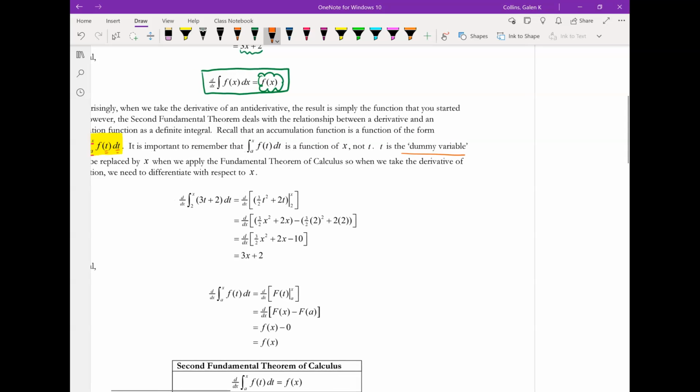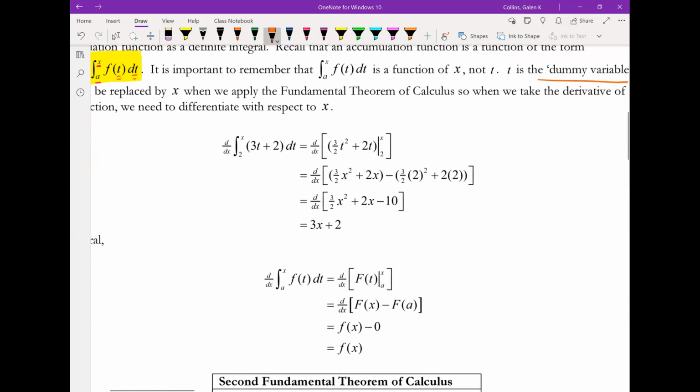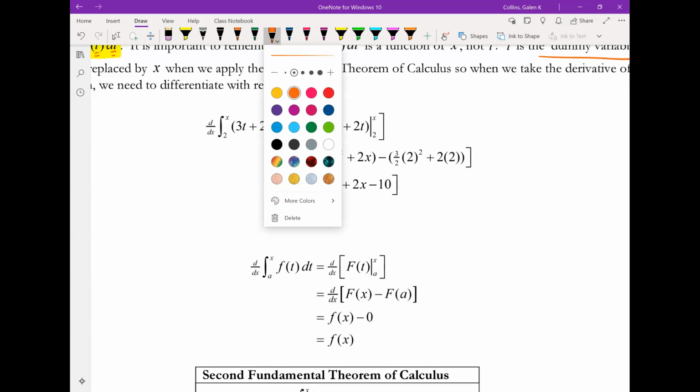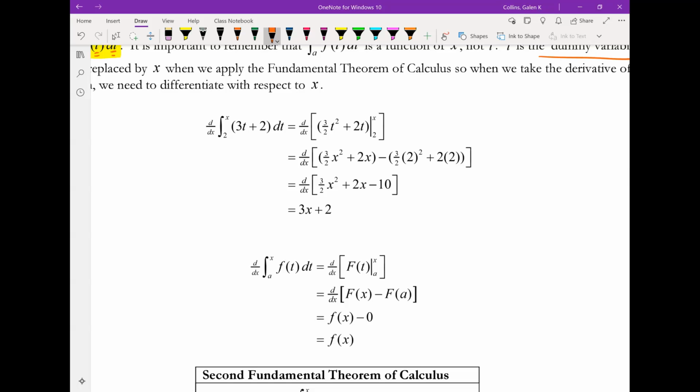I know that this example is written out, but I'm going to walk us through it because it's a lot to look at. First, we have something similar to the example we started with, except this is now written as an accumulation function. The way I know is that I have a variable as one of my limits of integration.